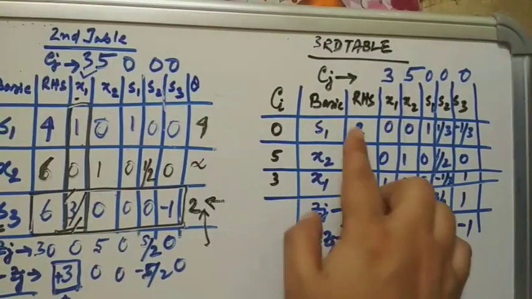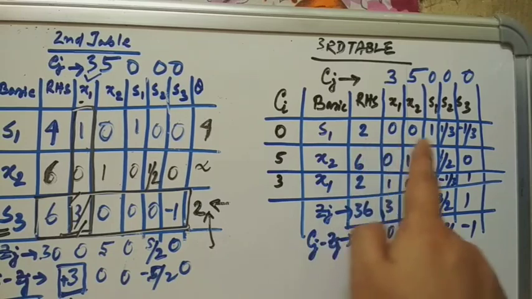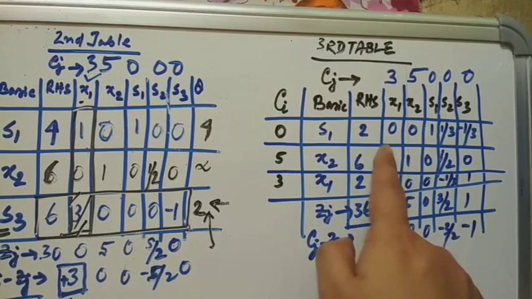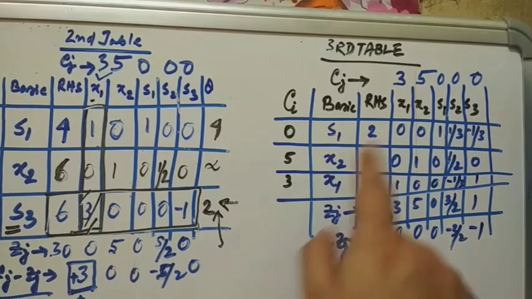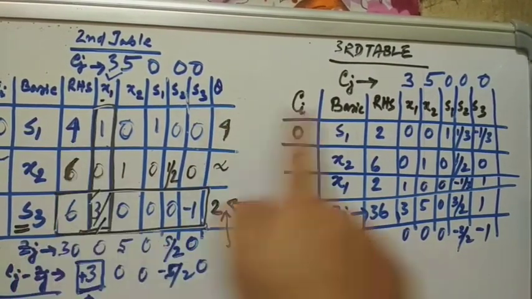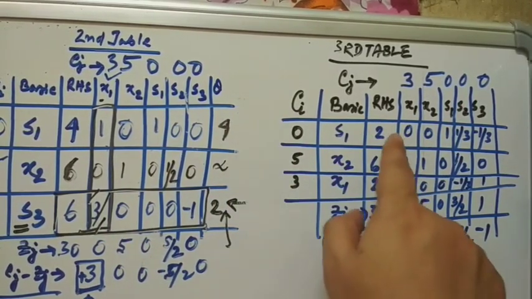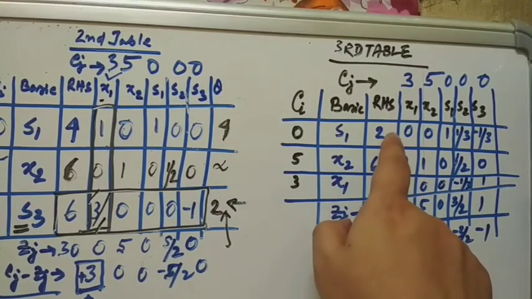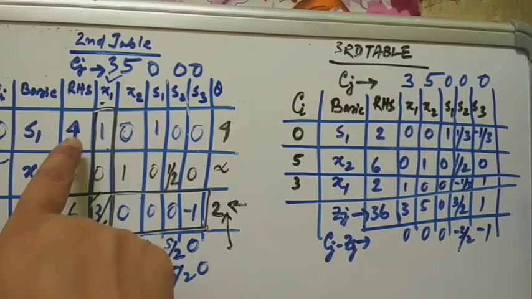Now for the rest of the rows, I have calculated using the same formula, that is old value, that is say 4, minus. For calculating this value, I will just show how I have calculated a particular value. So originally the old value was 4.